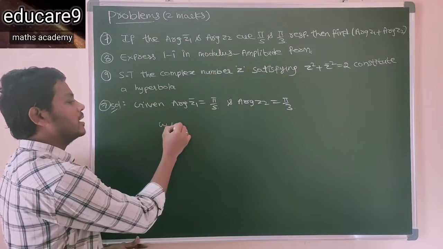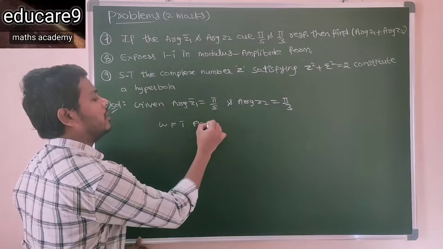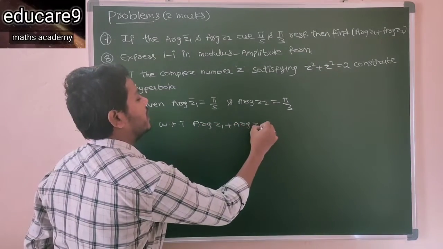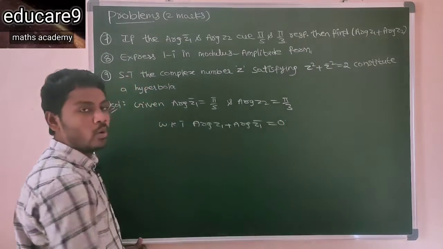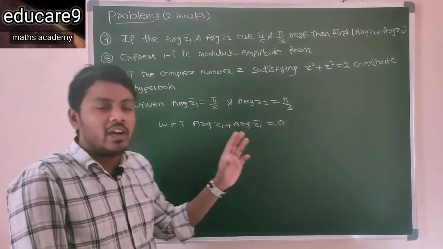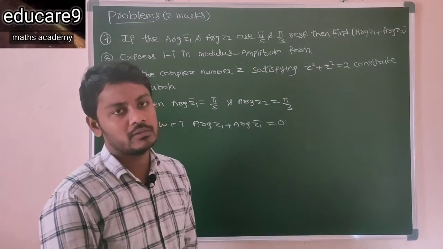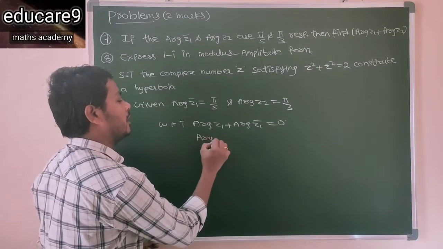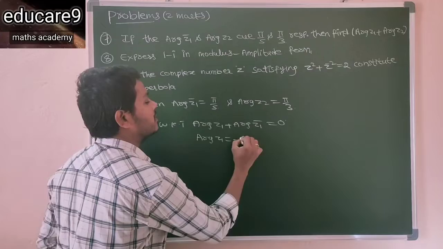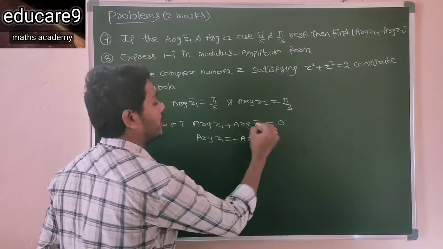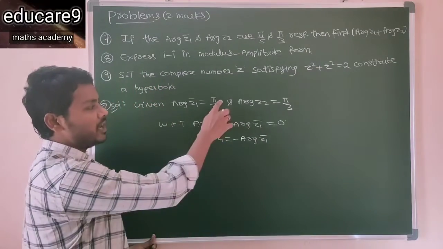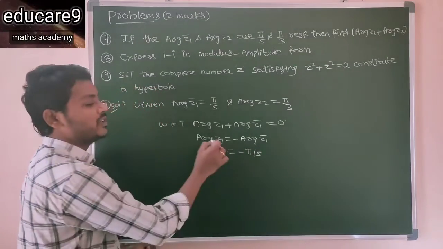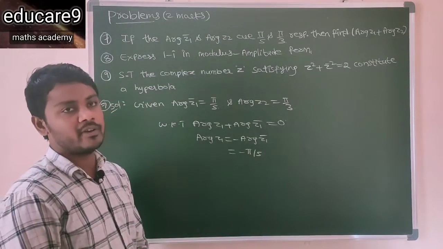So you know that argument of z1 plus argument of z1 bar is 0. So that is the property of argument. So see here, argument of z1 is minus argument of z1 bar, and that is given pi by 5.